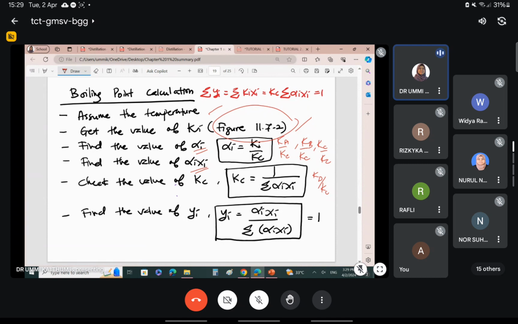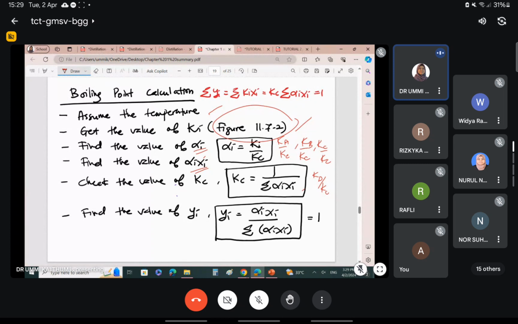Okay, contoh you assume temperature for boiling point is 100. Let's say the boiling point temperature you assume is 100. So from the figure 11.7-2, at 100 degree C, find the value of K for each component A, B, C, D. Okay, so you calculate the alpha xi, and then calculate the Kc.